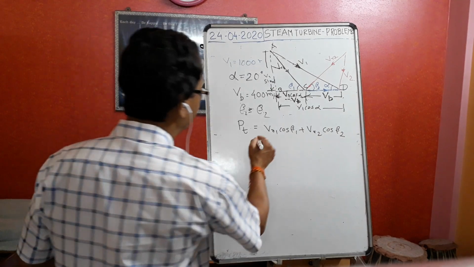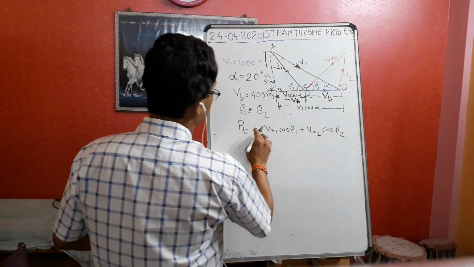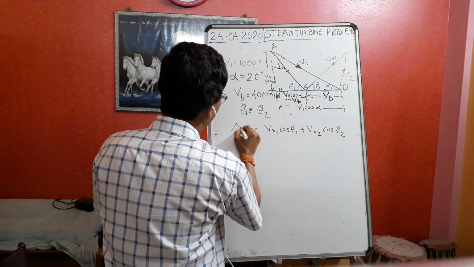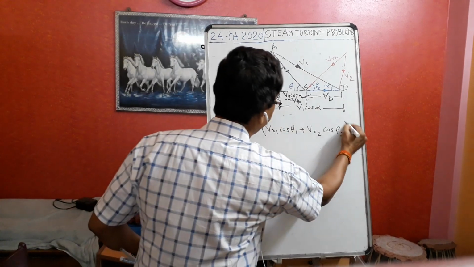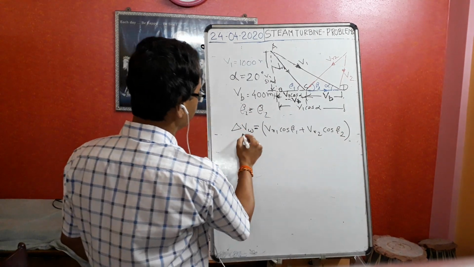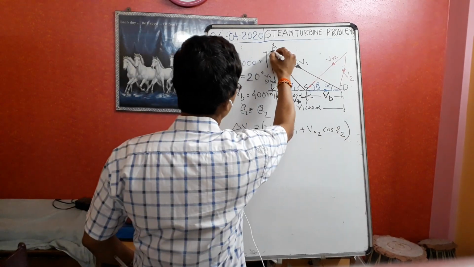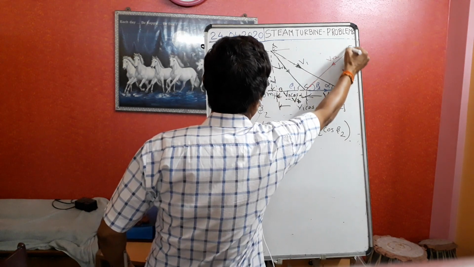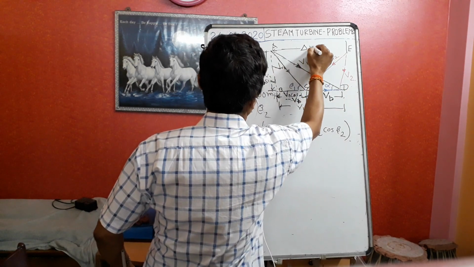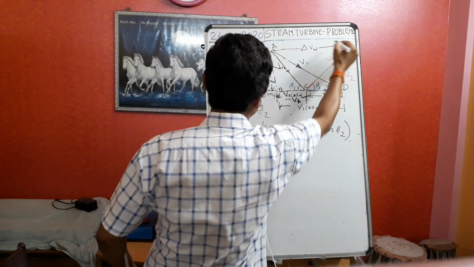Now this is the del VW. Let's see, gradually do it. What is the del VW? Change in velocity. So this portion, if I take from A to E, this is the del VW. What is the meaning of del VW? Change in velocity.